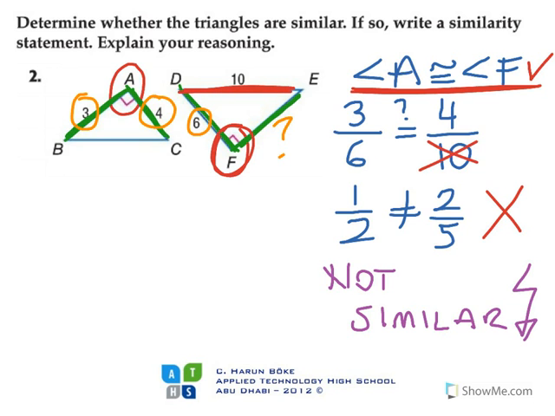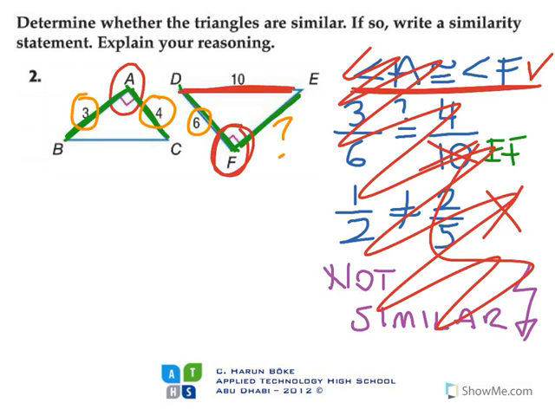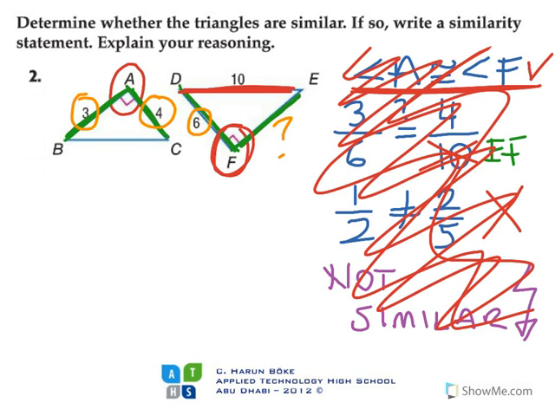So you cannot use this number here. This means you have to use EF here, which you don't know at the moment. So this answer is completely wrong. We are not going to do it like this. First of all, we have to find the measure of EF.